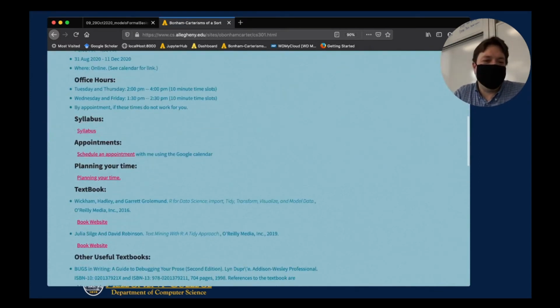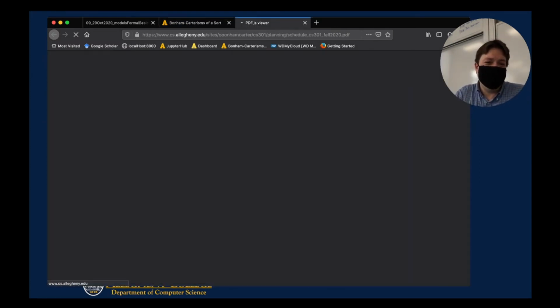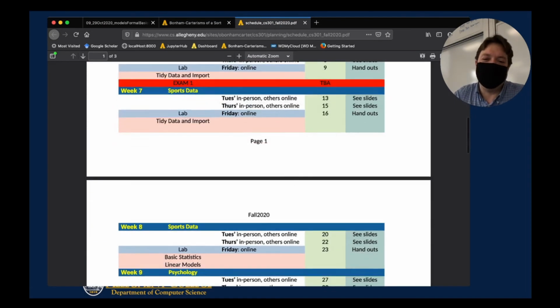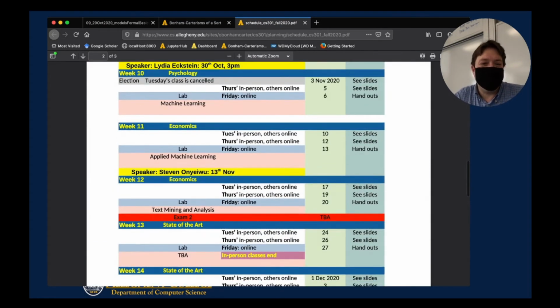You can go to planning your time, and you can see what to expect. We have week 12, around the 20th of November, and I'm thinking that we'll have our exam too. So that should be on your radar by now.